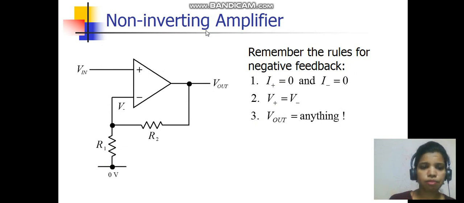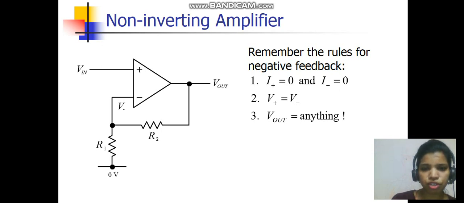Then the non-inverting amplifier. If input is applied at the non-inverting terminal, then it is called a non-inverting amplifier. Remember, the bias current at the positive terminal is 0 and at the negative terminal is 0, ideally. So the voltage at the positive terminal and the voltage at the negative terminal are equal, by using the virtual short concept.